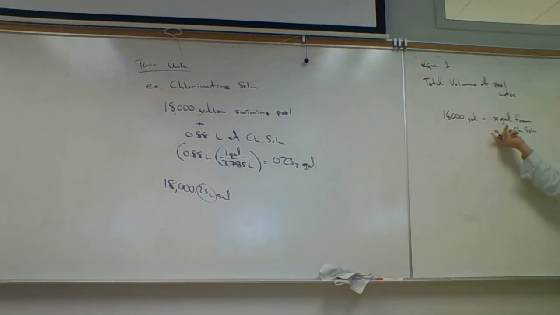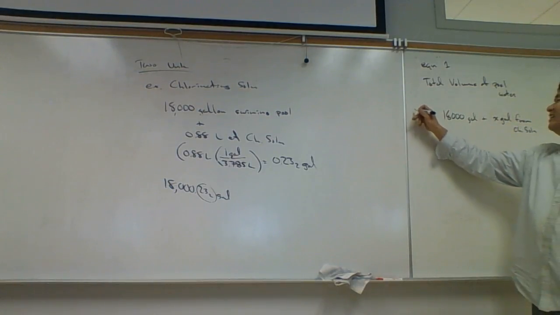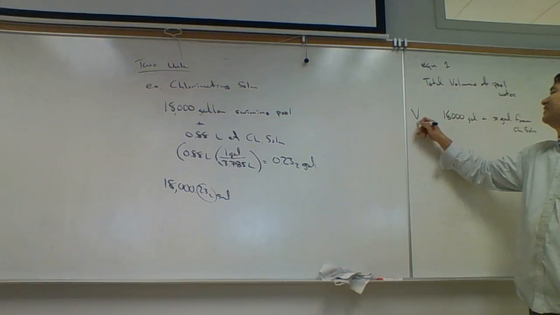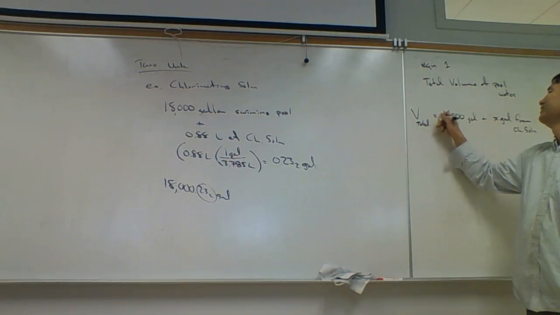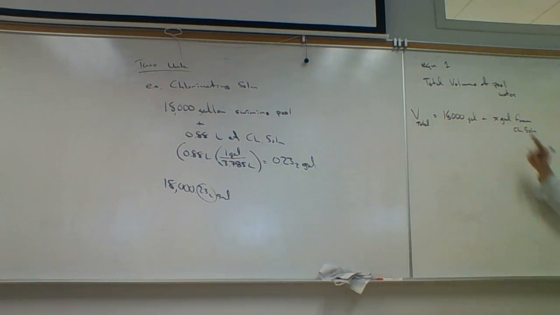This is what we're supposed to find out. How much chlorinating solution are we supposed to add? So how do I know what the total volume of the pool is going to be before I even calculate it? Well, how I know is because this is a 2 equation 2 unknown problem. And so one unknown is V total. It's unknown. This is going to be 18,000. This is the equation for V total.